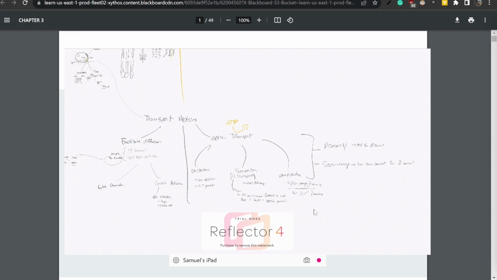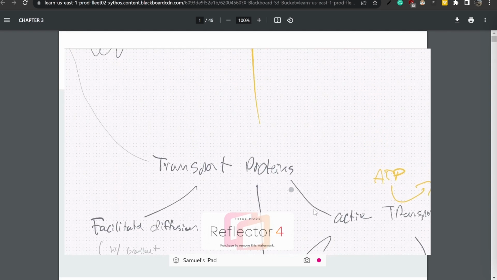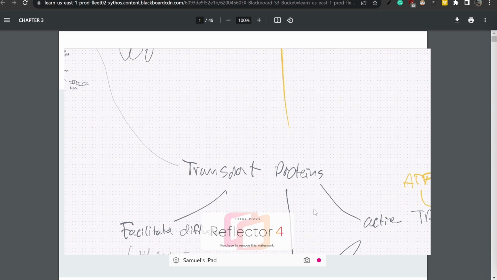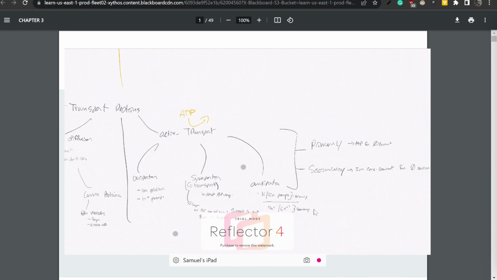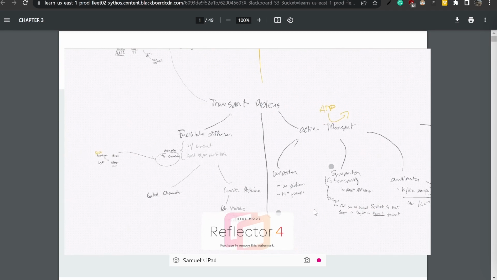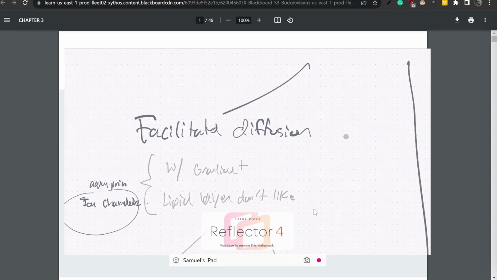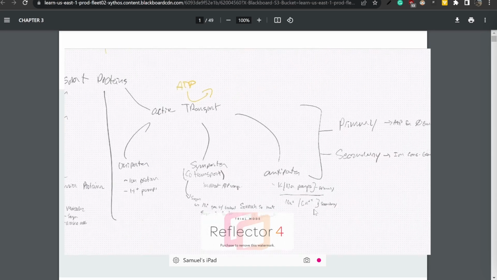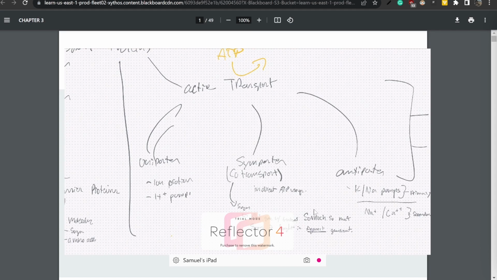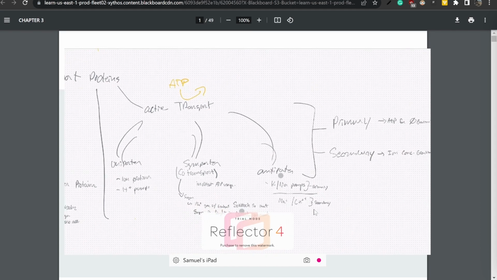I also said I'd go over the transport proteins, and I did. And I fully understand it. As you can see here, there's a lot of concepts going on, like this idea called facilitated diffusion. This is an idea called a gated channel, and an idea of active transport alongside 3 different types of active transport.